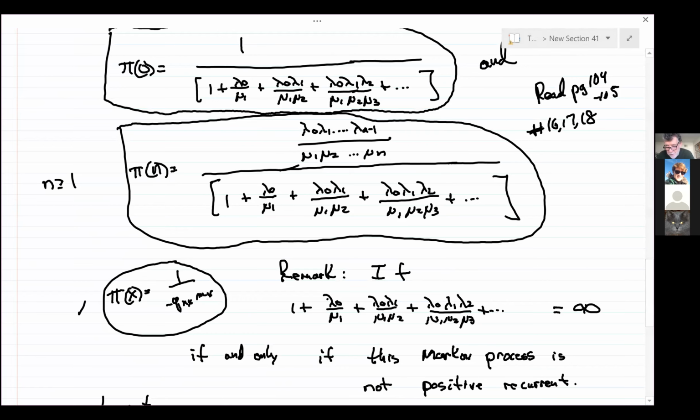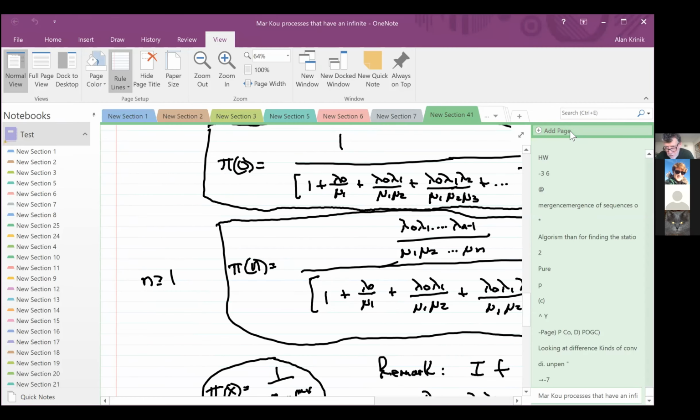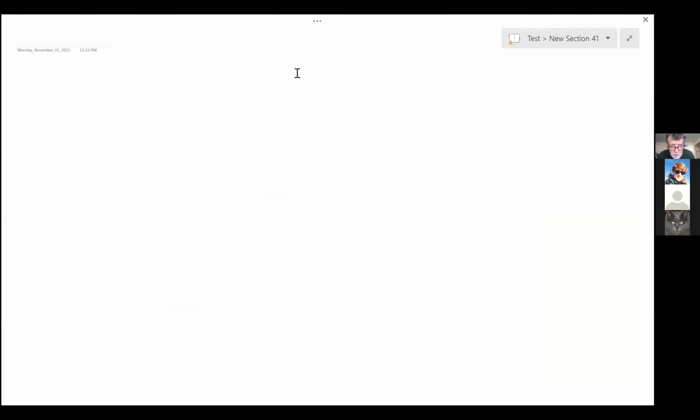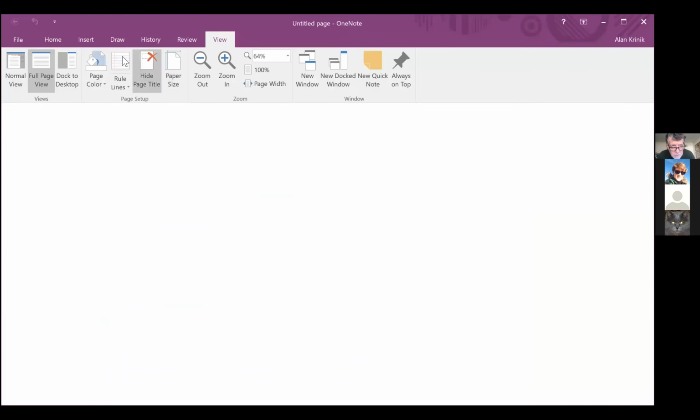So I'll flip the page. Put some lines on it again, if I can. I don't think I can. Okay, so try it again. Yes. All right, so we're looking at 16.